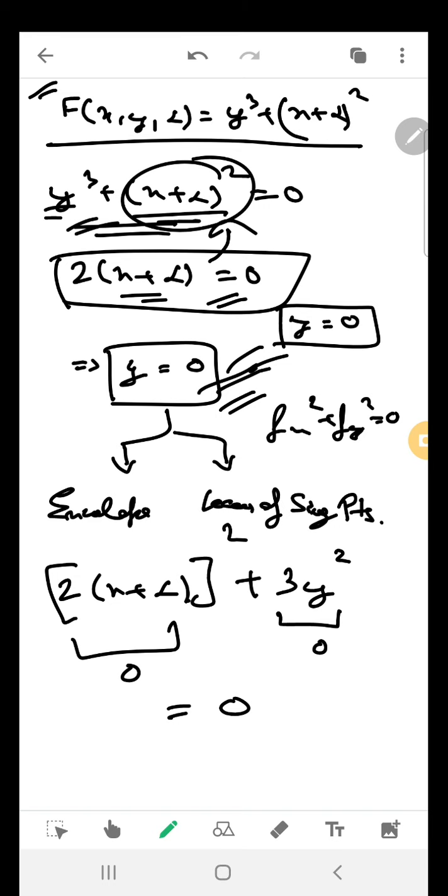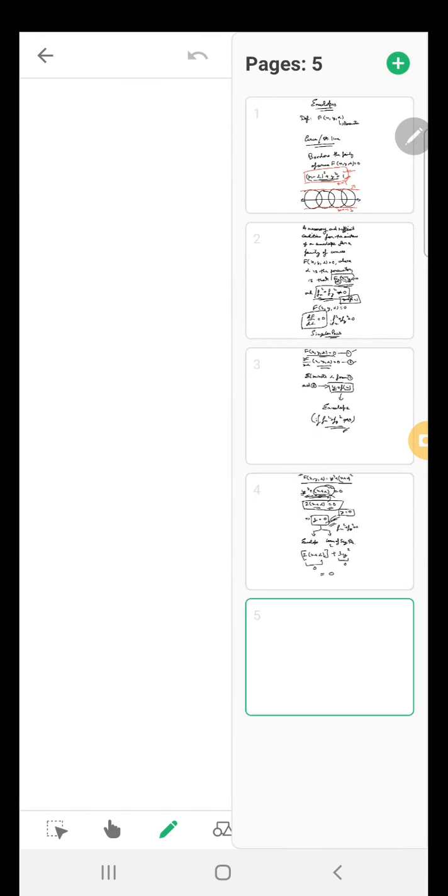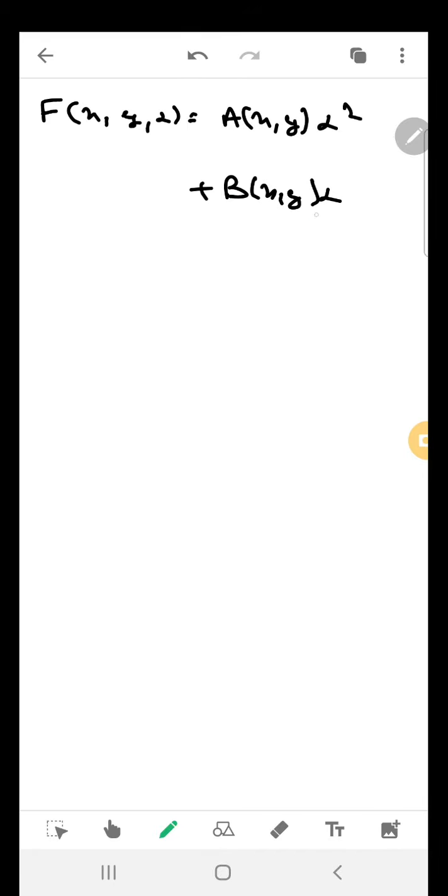Now let me give you a basic envelope of a particular type of family of curves. Let's say you have the family of curves f of x, y, alpha equals a(x,y) alpha square plus b(x,y) alpha plus c(x,y). Now how to find the envelope?